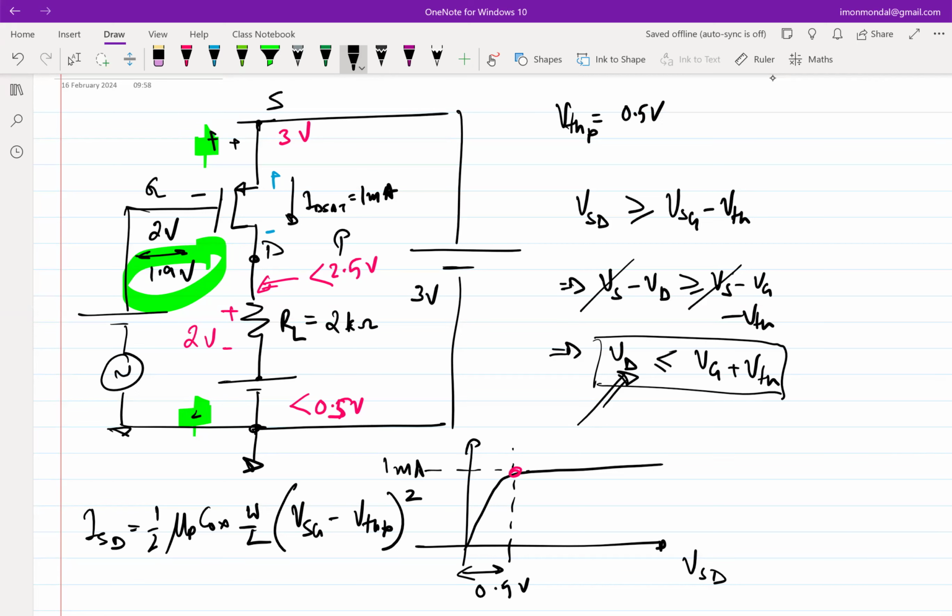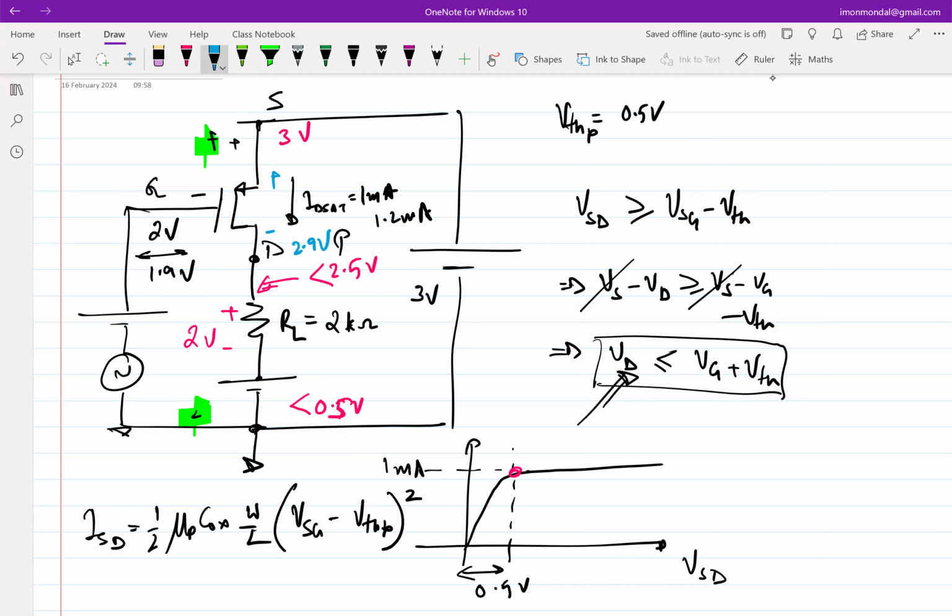So gate voltage is 1.9 and the current went to 1.2 milliamp. So the drain voltage now goes to 1.2 times 2 is 2.4, 2.4 plus 0.5 is 2.9, so drain voltage goes to 2.9 volts.